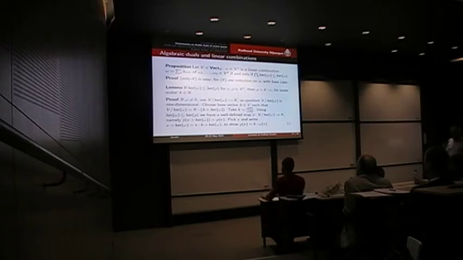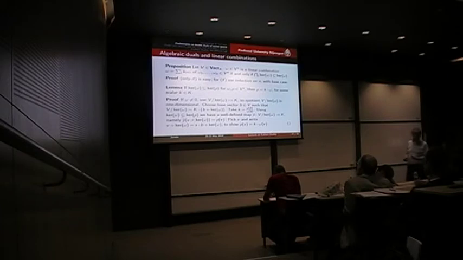Now I can use that the kernel of omega is contained in the kernel of rho, so rho factors through this quotient as a function to K, namely in this way: rho bar of V plus this coset is simply rho V. That's a well-defined function because of this inclusion of kernels.